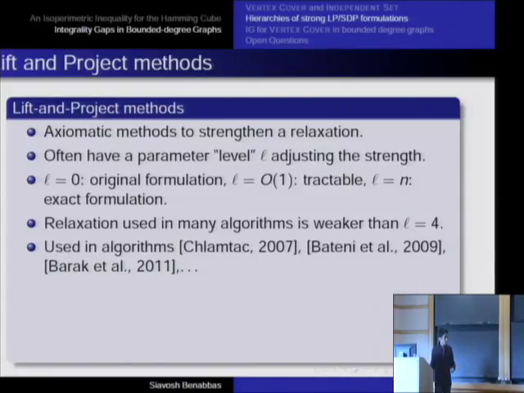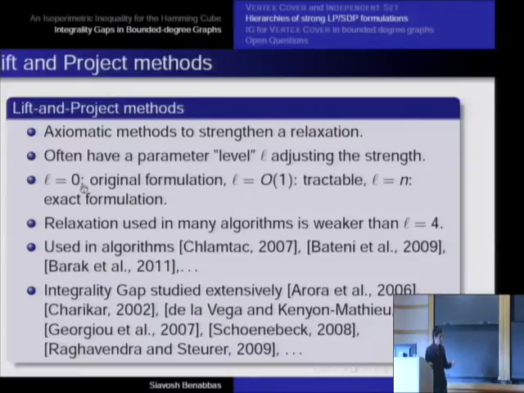But in this kind of language. And on the other hand, people have studied trying to say that even if you go to high levels of these programs, you can't really beat the algorithms we know for various problems. So both positive and negative sides have been extensively studied. Here is again not an exhaustive list. There are many more results than this.